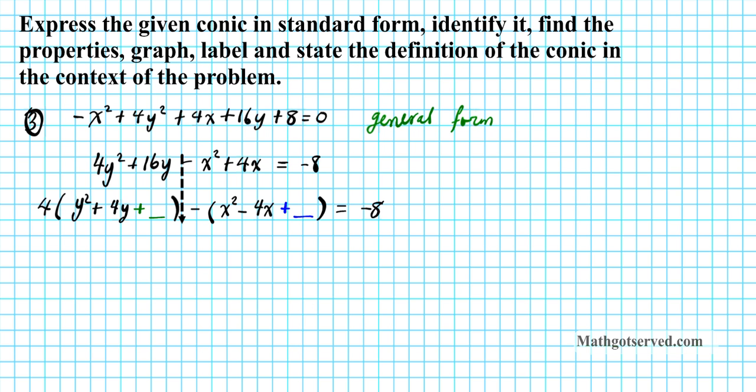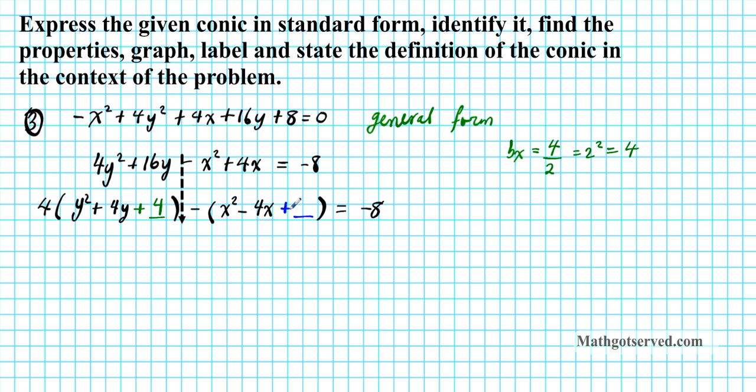Before we do that, let's figure out the terms that make these two quantities perfect square trinomials. Starting with the y world, b of y is 4. We divide that by 2, which is 2, and then we square that, that's 4. So we're going to add 4 here to make this a perfect square trinomial.